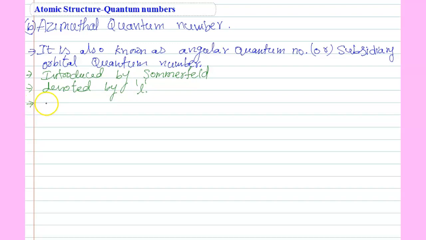So what about azimuthal quantum number? It gives the information about shape of orbital.